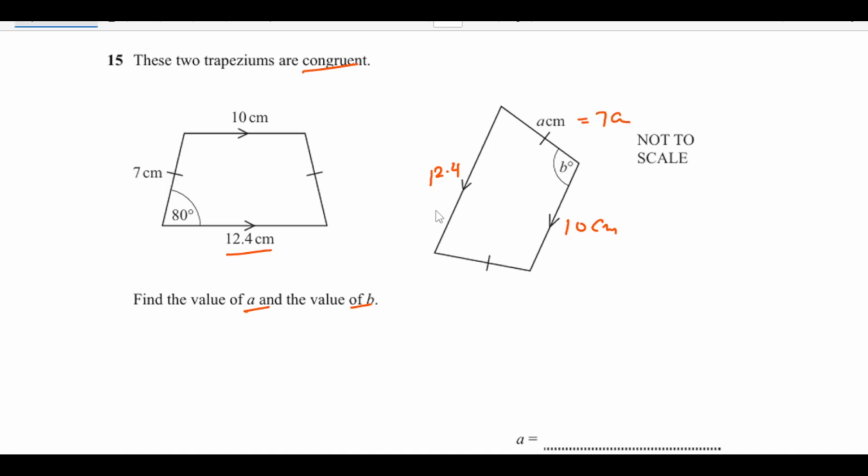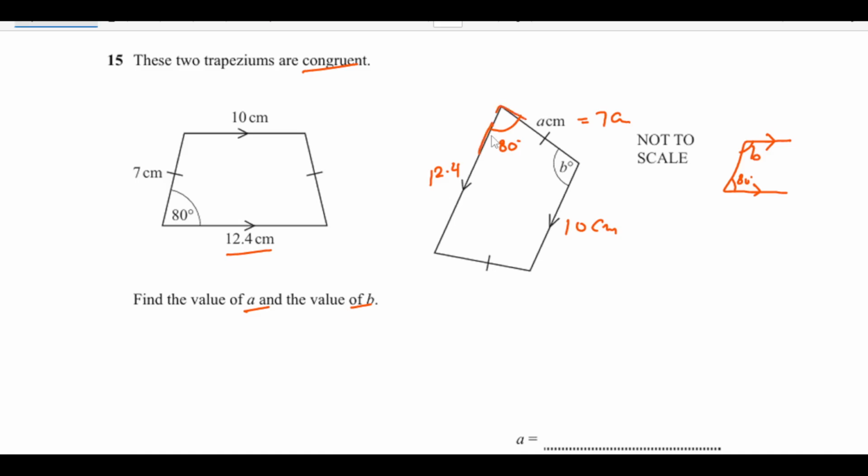B is this angle, right? The angle between 7 and this 12 is 80 degrees. Then these two sides are parallel, it's like a C shape. So these are co-interior angles. We have this angle is 80, and this is our B here.